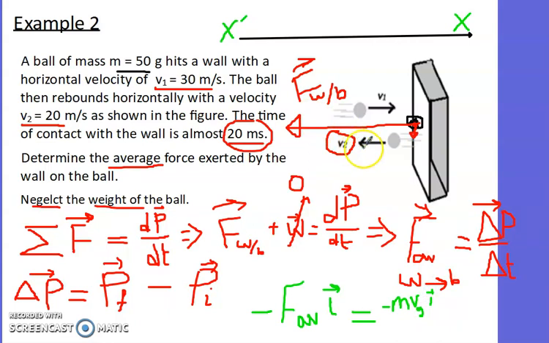Because look at the sense of velocity here and look at x prime x, they are opposite, right? So minus. Here there is minus. So minus p initial, which is m1 v1 i. Notice here, this is v1, has the same sense as x prime x, okay? Over delta t. So let's do the calculation.